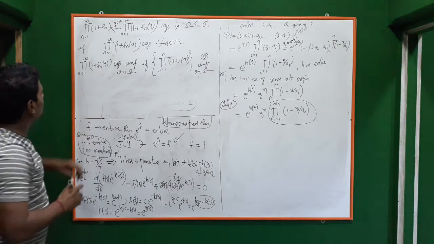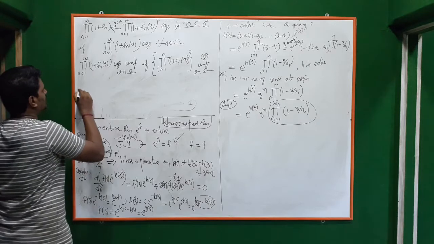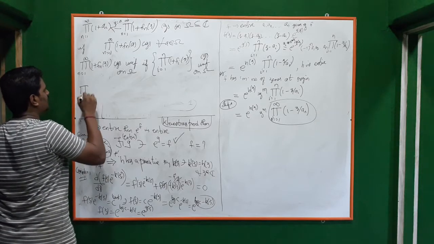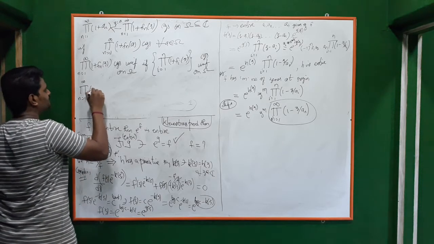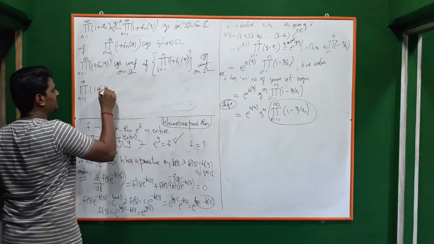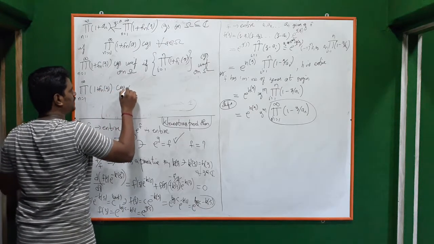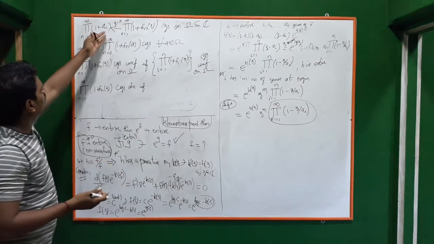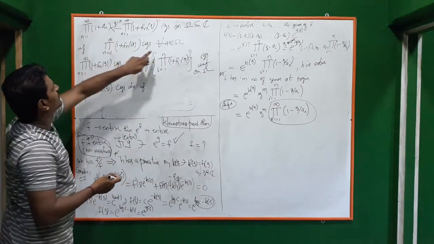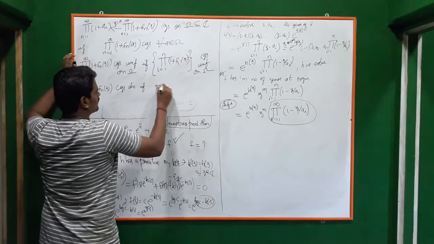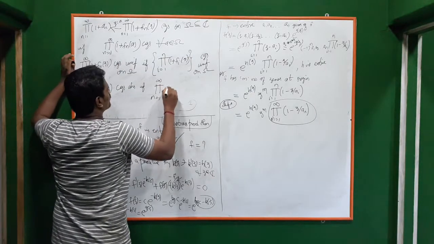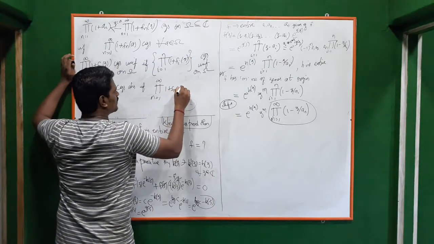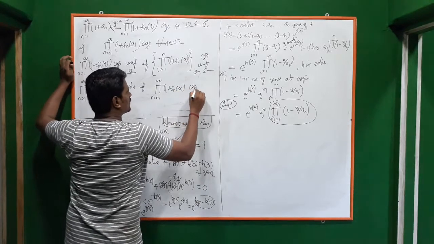Okay, similarly, absolute convergence we can see. Product n from 1 to infinity 1 plus fn of z converges absolutely if this converges absolutely, if product n from 1 to infinity 1 plus fn of z converges absolutely.